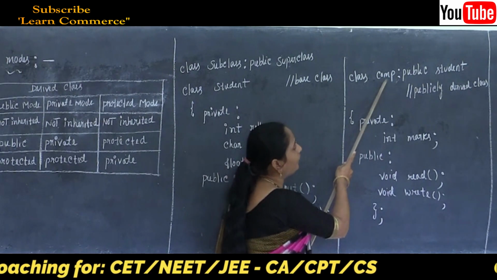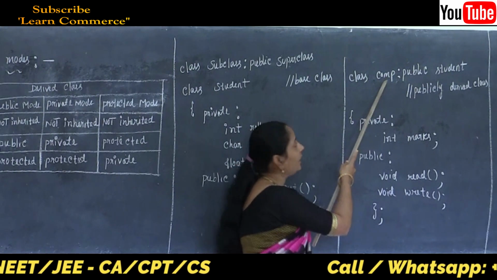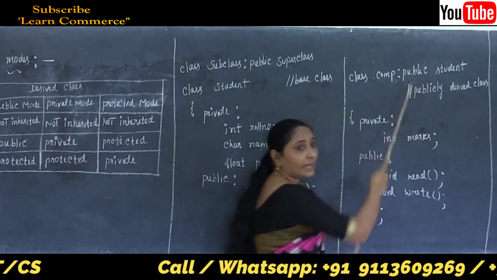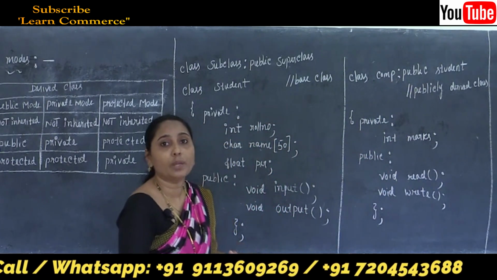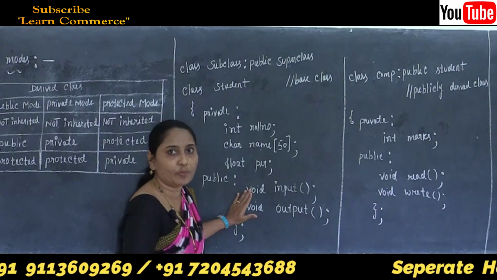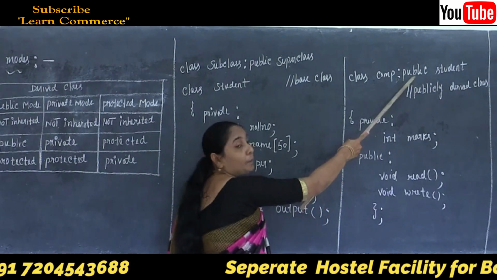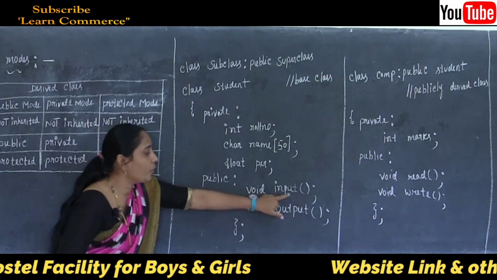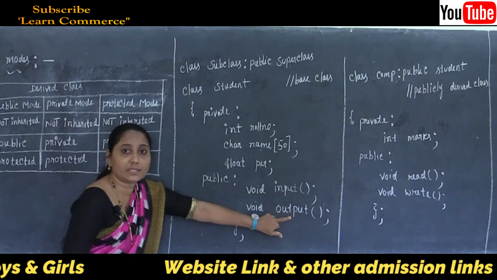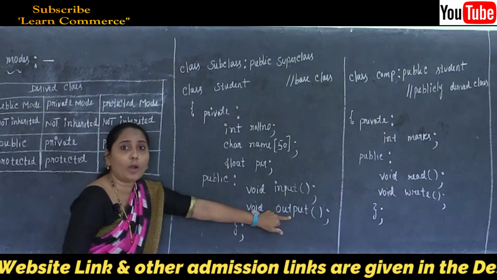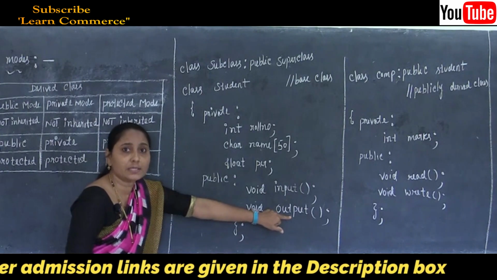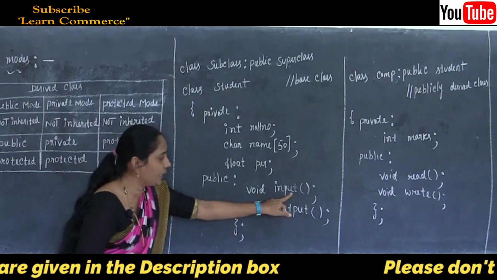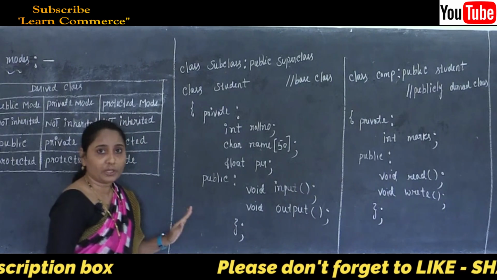So COMP, that is called the derived class name, colon, and from which side do I want to access the features of the base class? I want to access the features from the public side. That means in our public side, what features are there? One is input and the second one is output. The new class wants to access some member functions, that is input as well as output. Clear this point here?